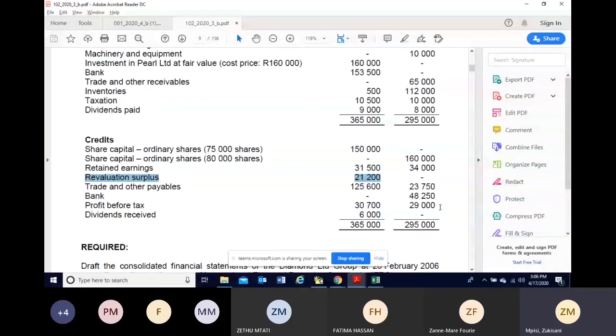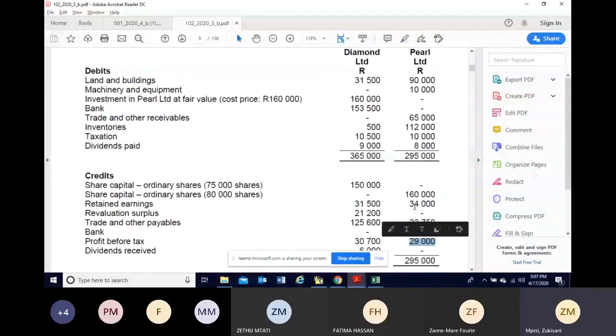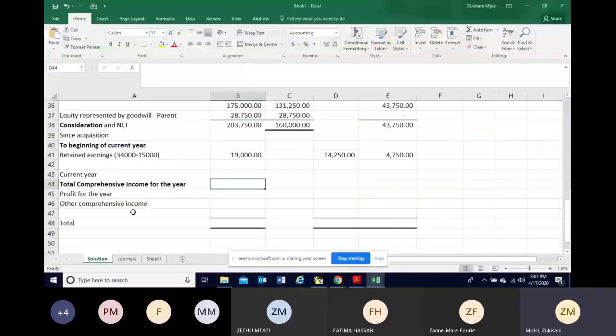I see profit before tax for Pearl, which is 29,000. And I also see dividends paid and taxation. So you go under the profit for the year.